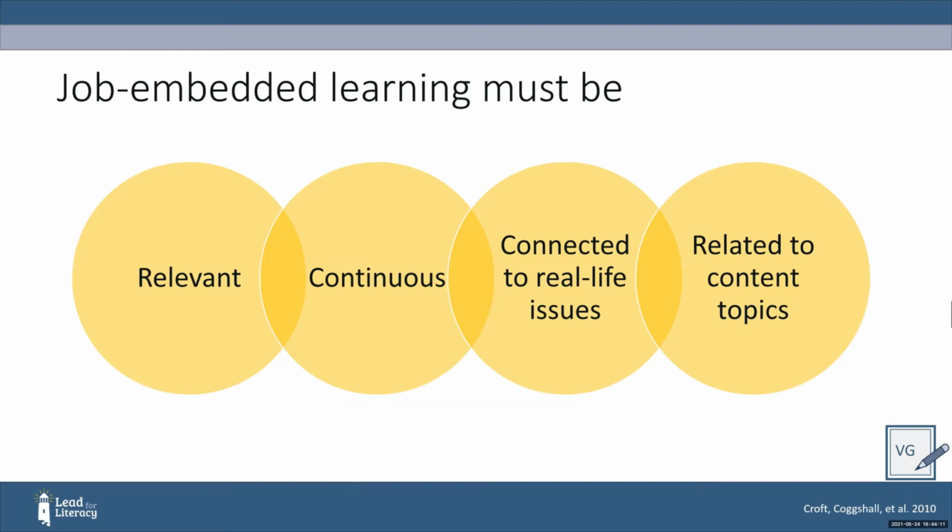Job-embedded learning addresses a variety of topics related to reading instruction and assessment. Effective school leaders ensure that job-embedded learning opportunities are relevant, continuous, linked to real-life school issues, and focused on reading instruction and assessment topics. These characteristics help to focus the newly acquired knowledge and skills on teachers' delivery of reading instruction.